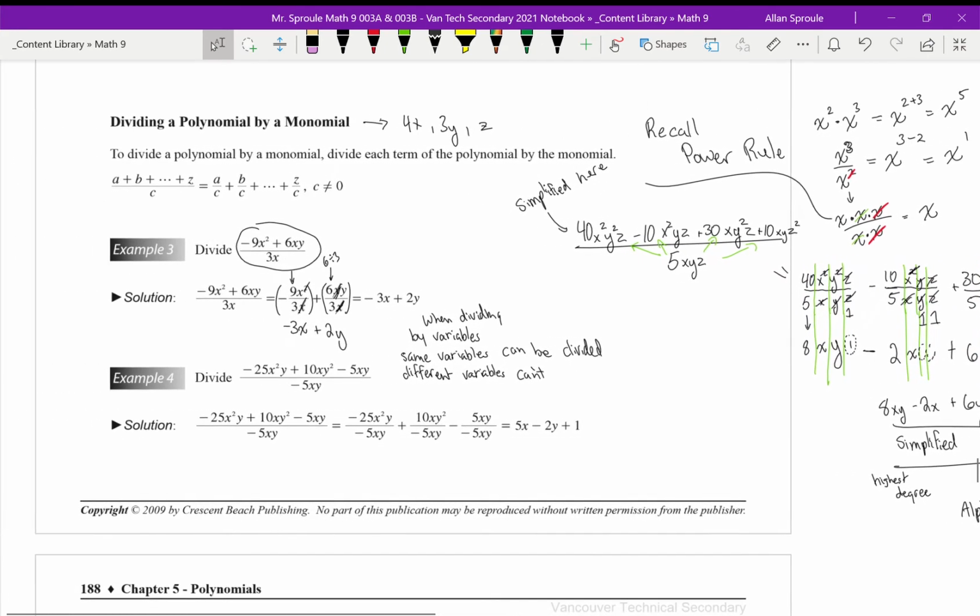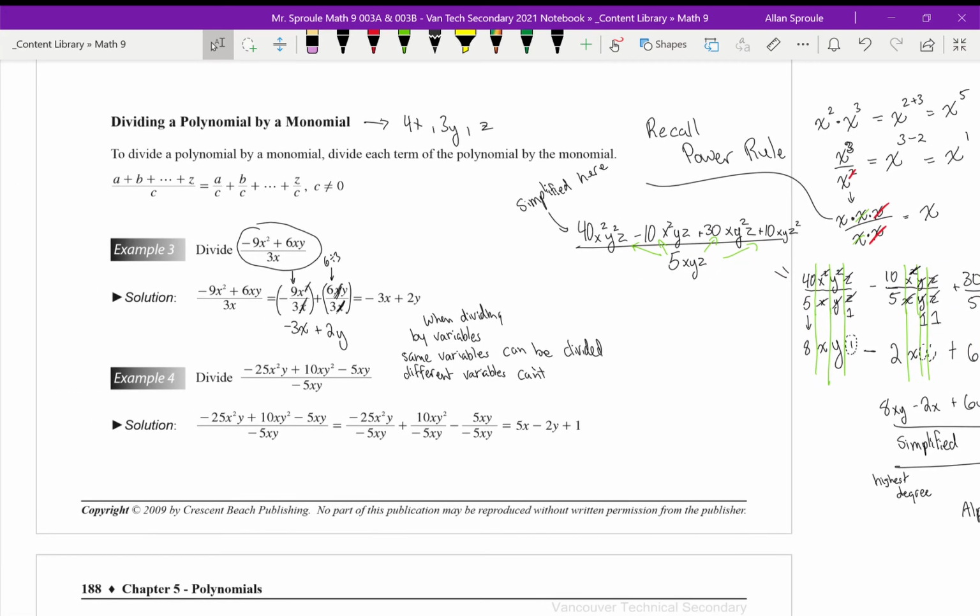Alrighty. So, believe it or not, this is as far as we go with dividing polynomials this year. The reason being, we don't actually have the tools yet to deal with larger divisions.